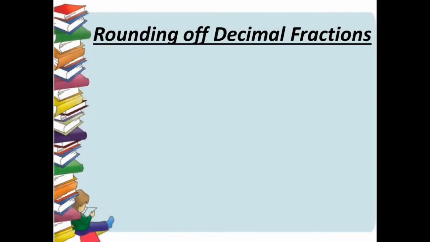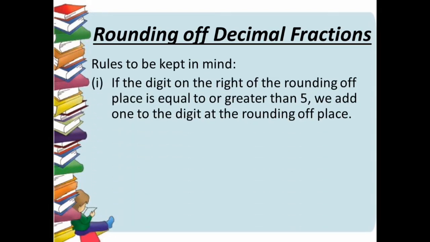Students, next is rounding of decimal fractions, and the method for rounding of decimal numbers is the same as we had learnt in the case of whole numbers, and the rules to be kept in mind are: rule number 1 says that if the digit on the right of the rounding off place is equal to or greater than 5, we add 1 to the digit at the rounding off place.